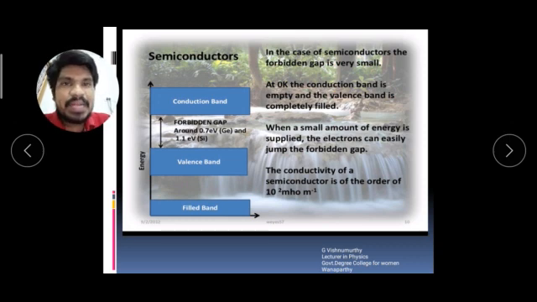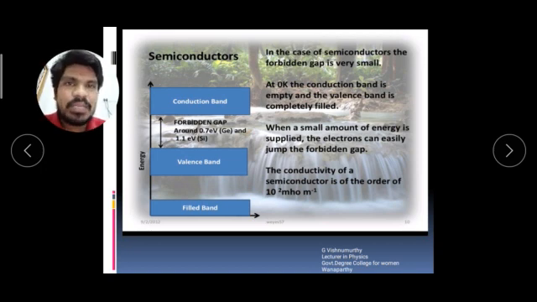The added material is known as impurities. When we add impurities to the semiconductor, the process is known as doping. Those impurities are called doping elements.